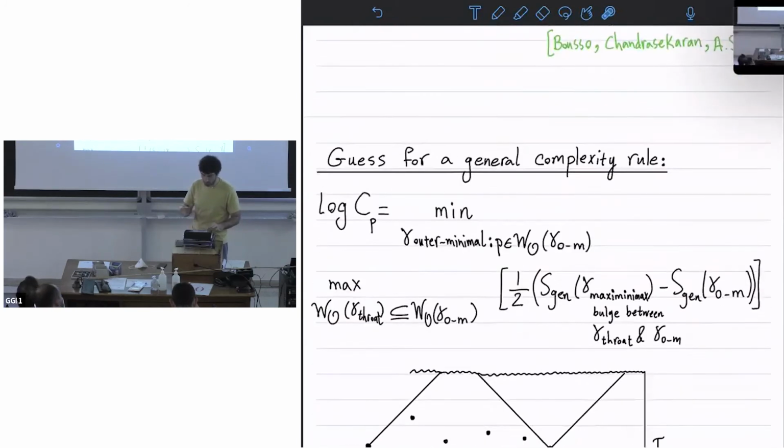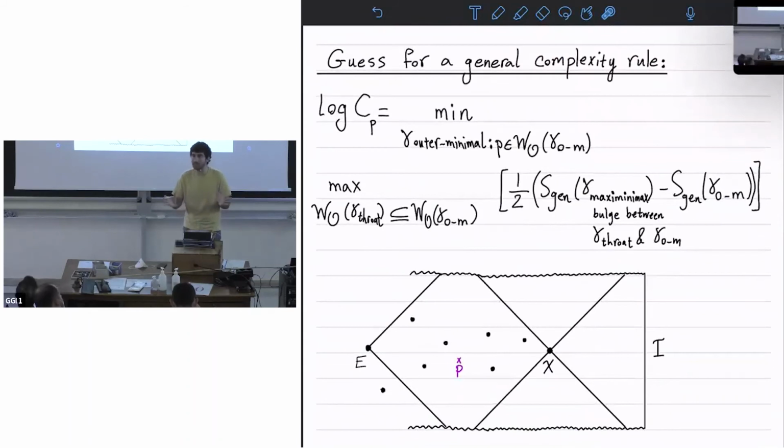So with that, motivated by that, our current guess for the complexity formula is the formula from before, except we are now scanning over all outer minimal quantum extremal surfaces. Those could be, for example, time-like separated from each other. So for example, you can have a worldline, a bulk observer, that leaves one outer minimal wedge and enters another outer minimal wedge, and instantly its bulk to boundary map will change.